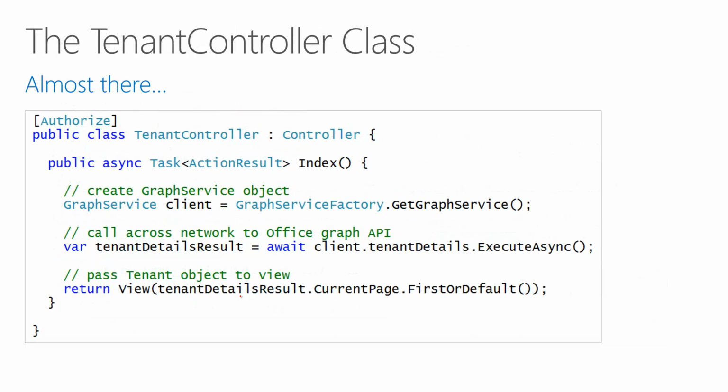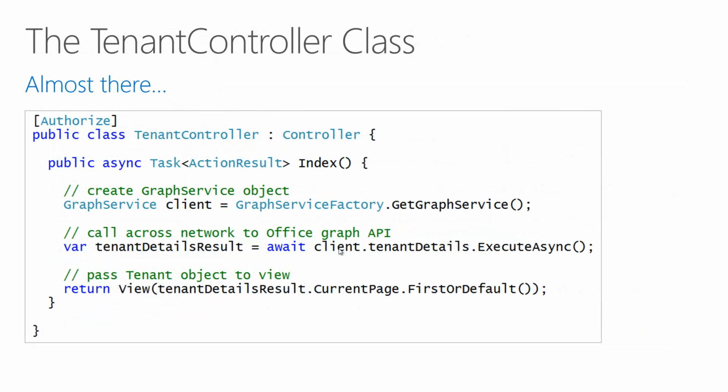Okay, well, finally, you have the tenant controller class inside here, which now that we have this factory method that can create the graph service object for us, I just call GraphServiceFactory.GetGraphService. My controller can then do something like call client details.